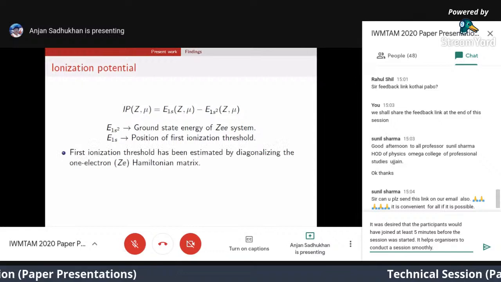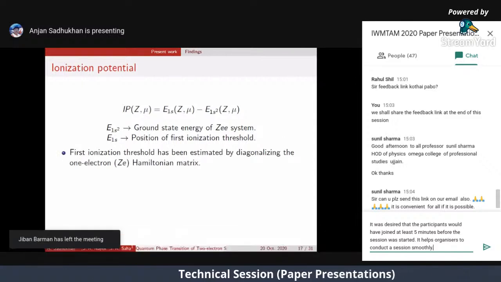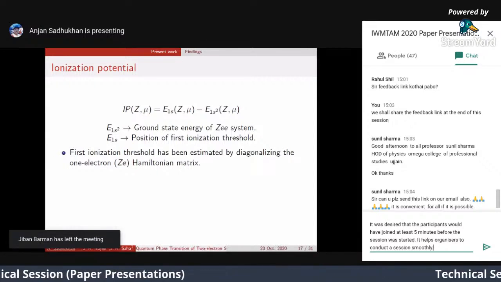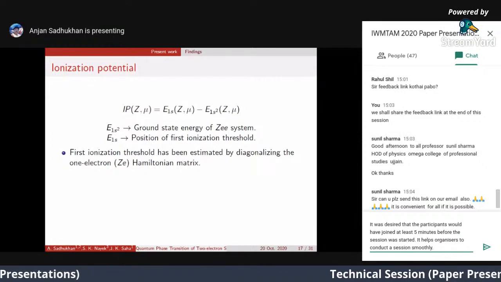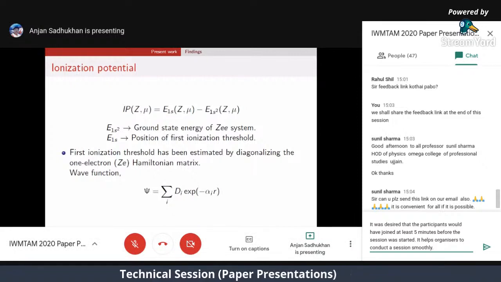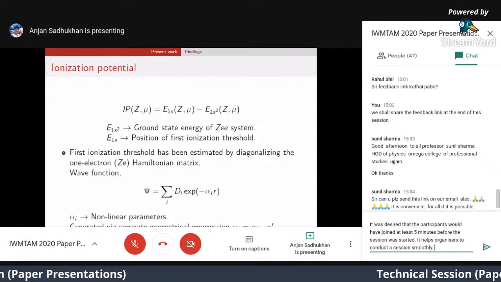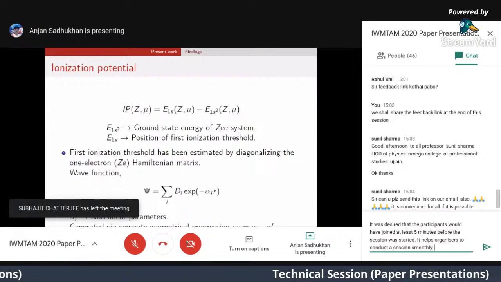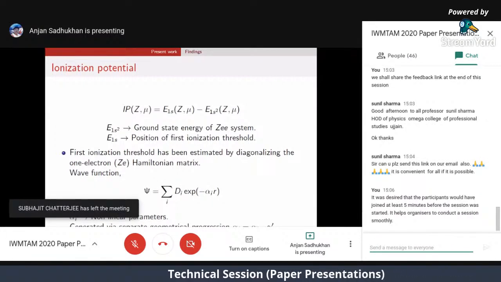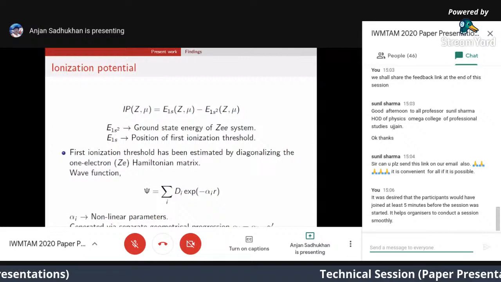And the first ionization threshold has been estimated by diagonalizing the Hamiltonian matrix of the one-electron ZE subsystem, and we have used the wave function of the ZE subsystem, which is expanded in a pure exponential basis set, where alpha i are the nonlinear parameters, and like the two-electron system, these alpha values have also been generated from a different geometrical progression.